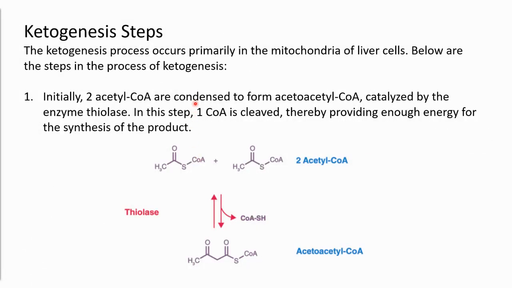So unang-una po, take note pala that this is happening in the mitochondria of living cells. Okay, so we have actually 4 steps in ketogenesis. So unang-unang step is the condensation of 2 acetyl coenzyme A to form now acetoacetyl coenzyme A, okay, with the enzyme thiolase. Okay? So yun yung pagbuo lang nilang dalawa.